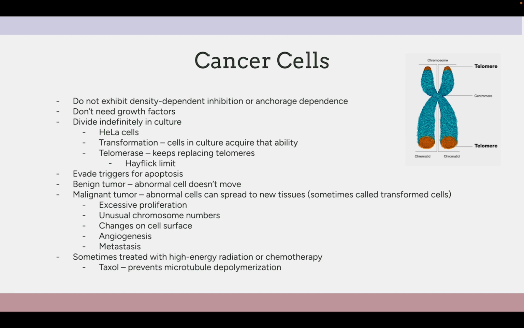And then there's this enzyme called telomerase that keeps on replacing telomeres in the chromosomes of cancer cells, which keeps on letting them divide. Telomeres are these little caps on the end of your chromosomes, and essentially every time you duplicate your DNA, every time you make a copy of your chromosomes, you're losing a little bit of DNA on the ends.